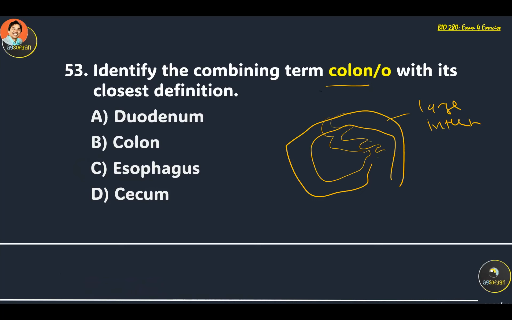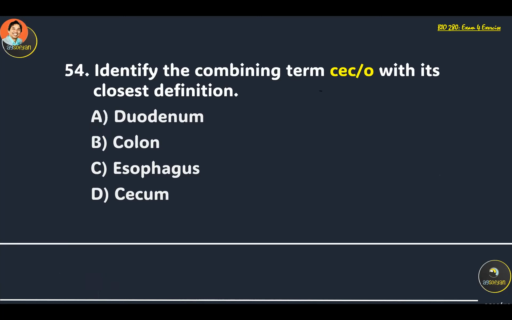Another name for large intestine is colon. Colon is the same as large intestine. So colon over here. Ceco, it means cecum. This is especially for animals that eat plants, like cows. They have a cecum, which is the place for digesting cellulose, the hardest part of the plants.